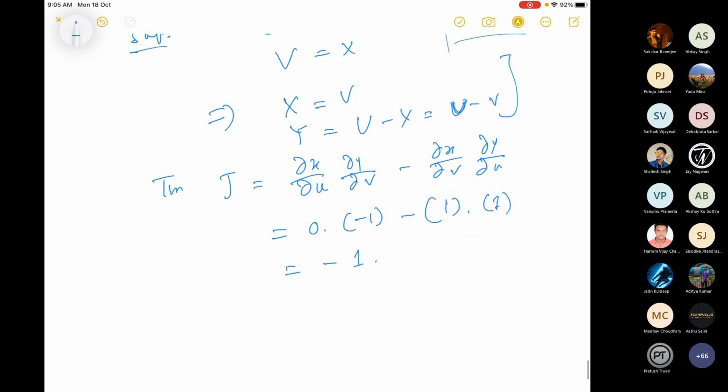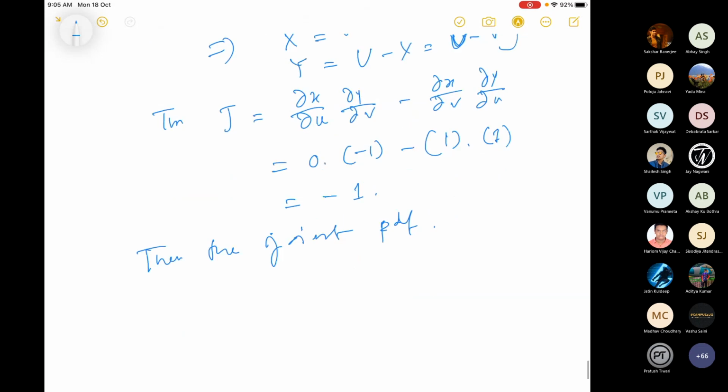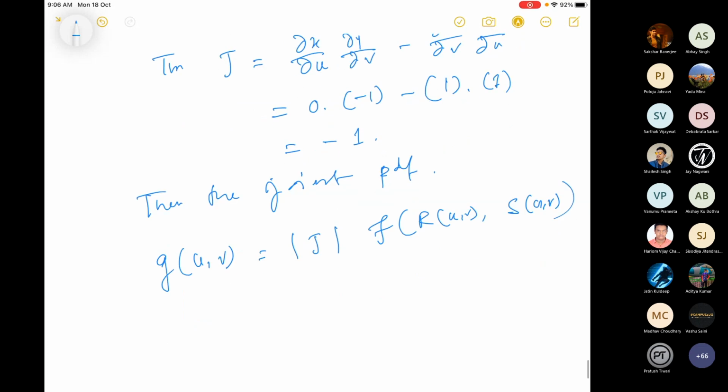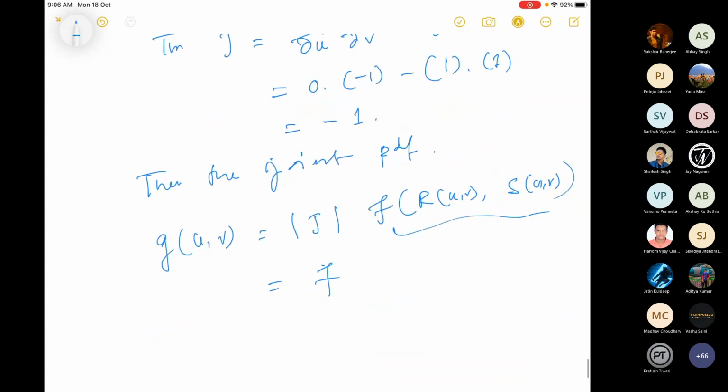So the joint PDF is g of u, v, which is mod of J times f of r(u,v), s(u,v). Mod of J will be just 1, and these are independent.